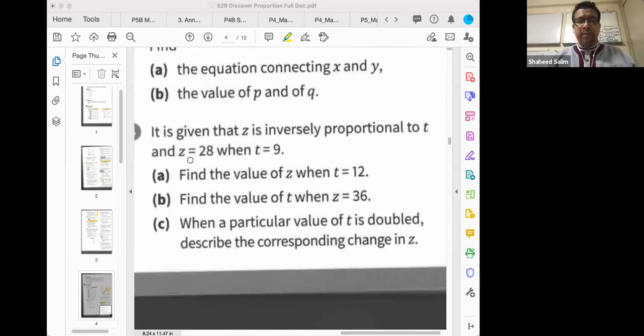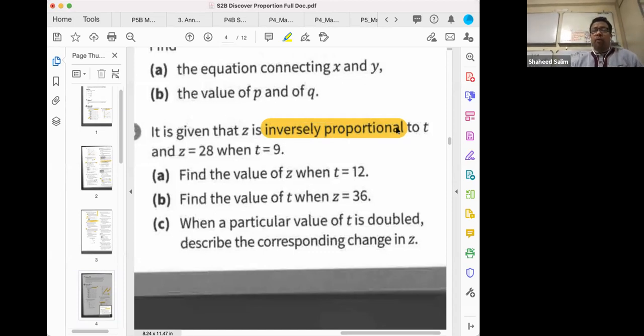Okay, this one, similar. They already tell you this is inversely proportional. They're not asking you to prove. But you need to come up with the K, and you need to come up with the formula.